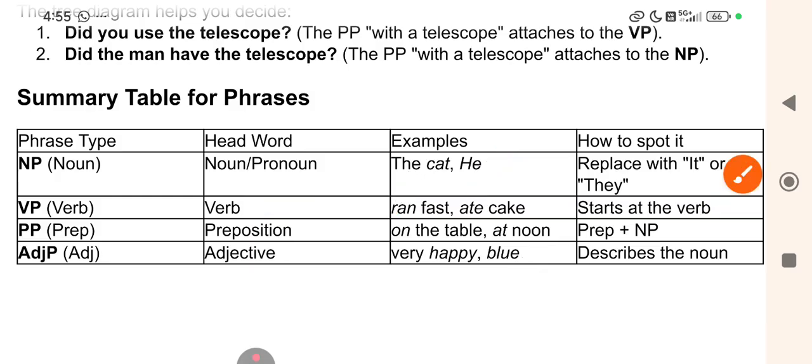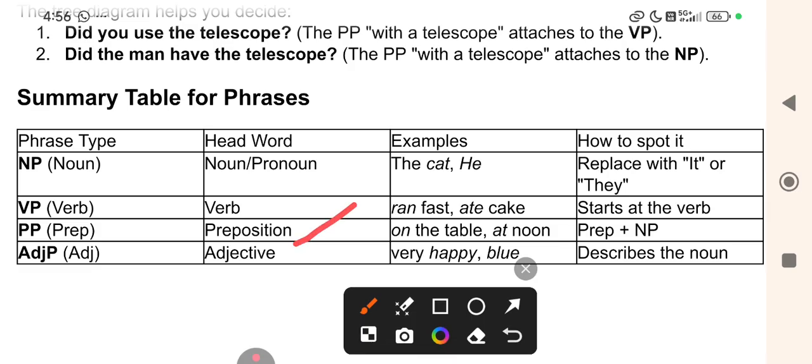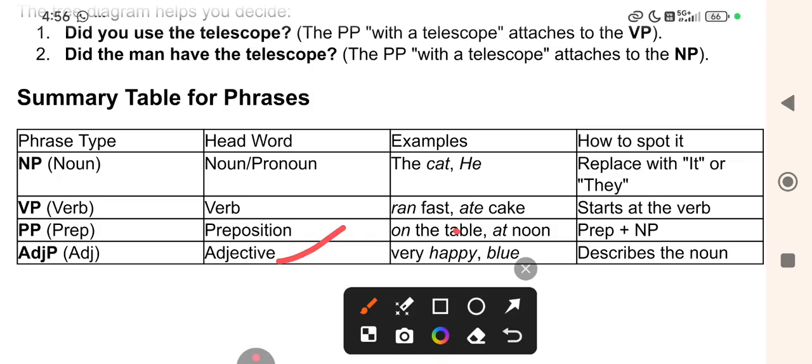Then the prepositional phrase, position: "on the table", "at noon". So a preposition and "the table", that's a noun phrase. So a prepositional phrase means there will be one preposition along with a noun phrase. In an adjective phrase, the head word is an adjective, and what is an adjective?